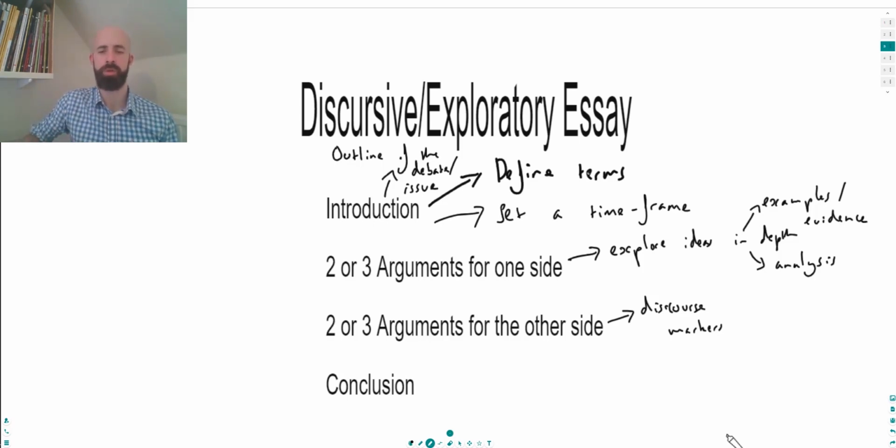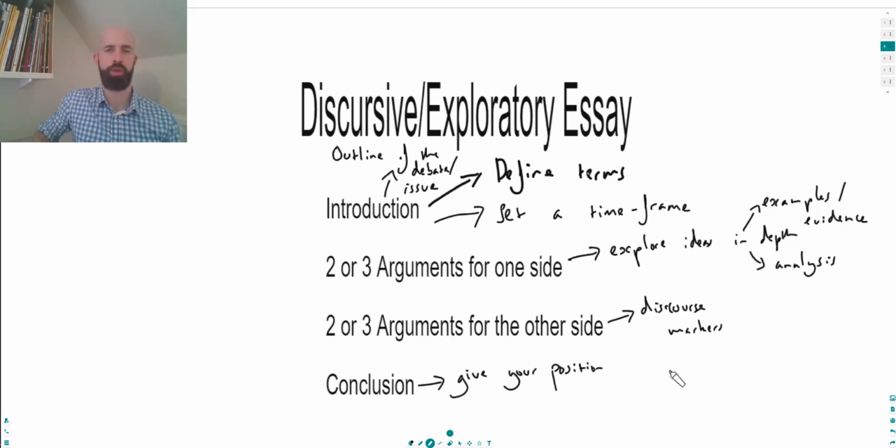In your discursive essay, the conclusion is really important, because it's at this point where you really say which side of the fence you actually are standing on. At this point, you give your position, and your position really should be based on which side has the stronger evidence, which side you feel has the better arguments.